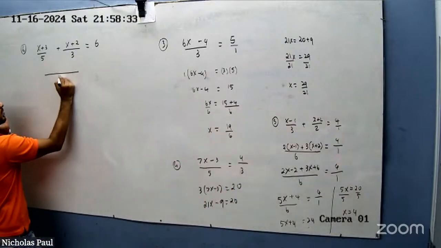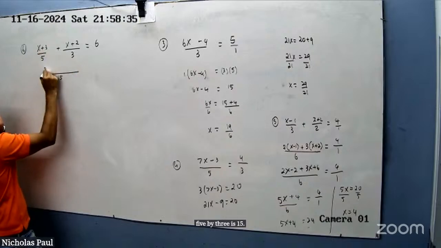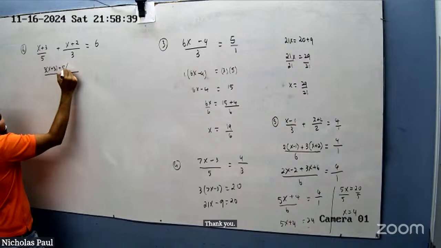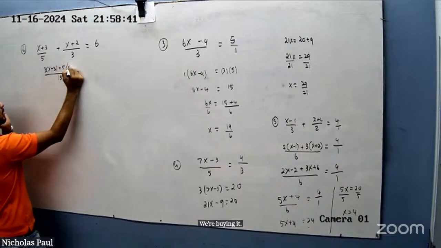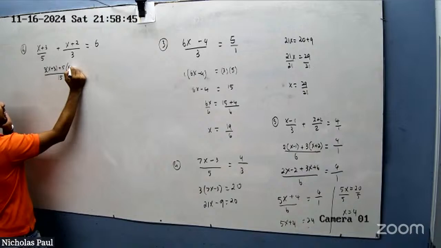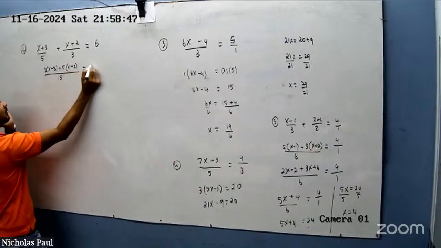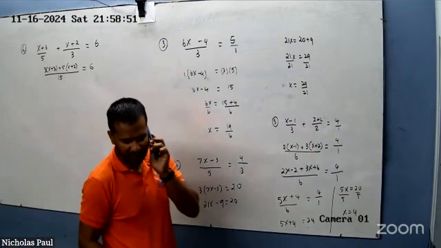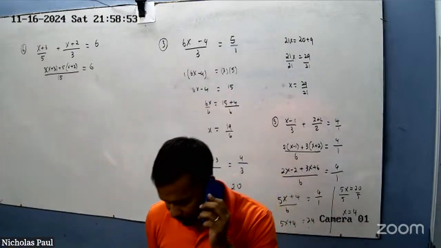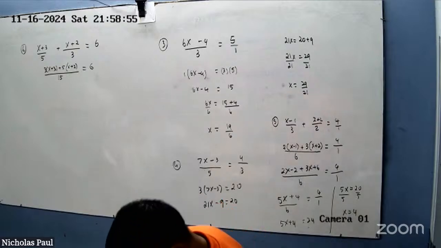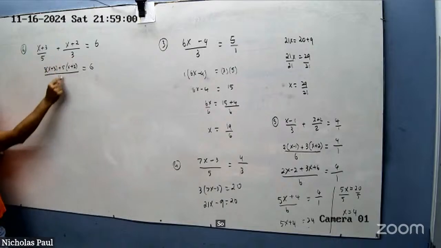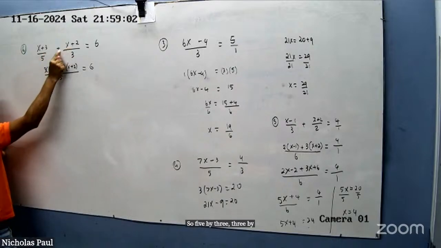5 by 3 is 15. Sorry. So 5 by 3, 3 by this, 5 by this, and bring the plus in the middle.